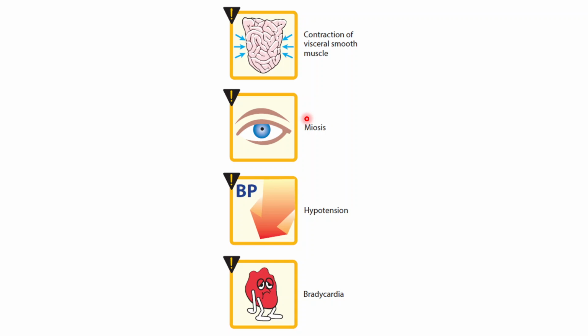Pyridostigmine and ambenonium are used for the treatment of the myasthenia gravis, and they have a long duration of action and can be up to 6 or 8 hours.